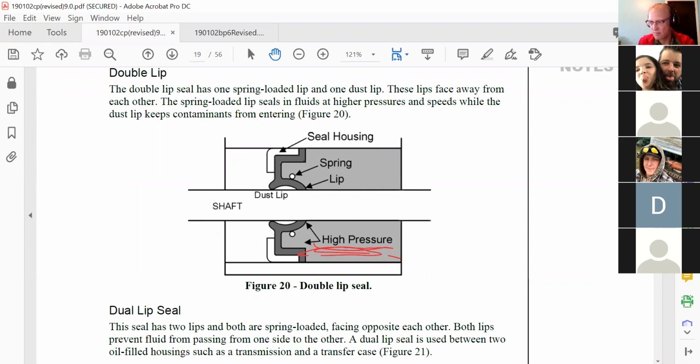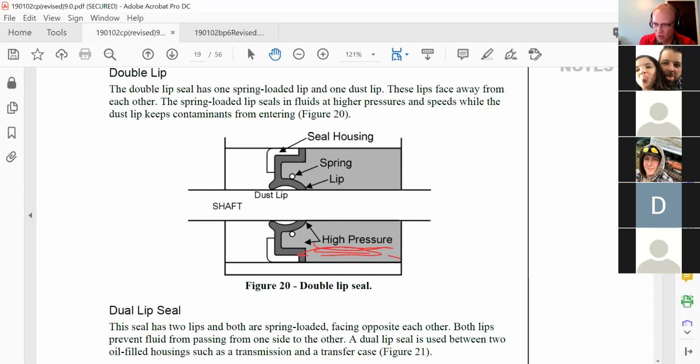To me, high pressure means a few hundred PSI, if not more. This type of seal wouldn't hold that much pressure, unless it's a specifically designed hydraulic seal, and then they can. But typically for us, wheel seals, transmission seals, things like that, not going to.